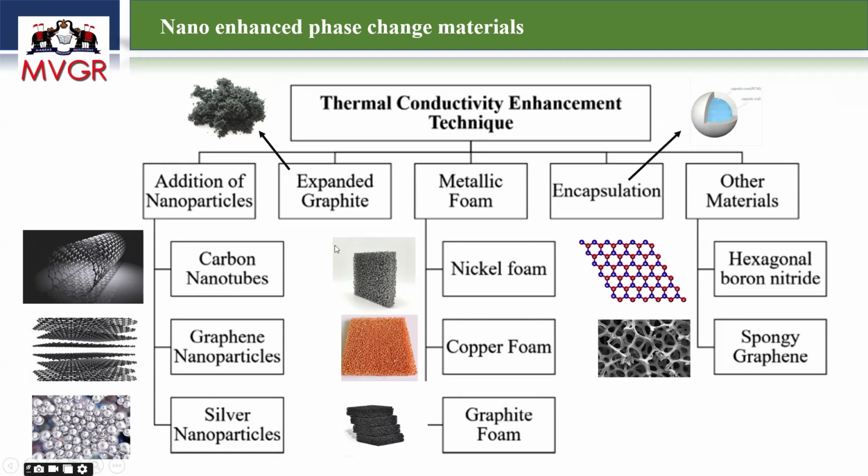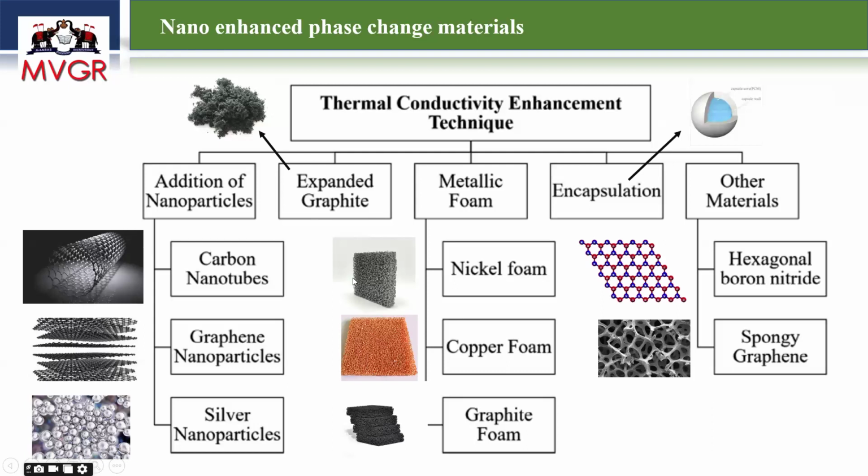This is also a kind of porous structured material. So if you put these materials into the phase change material, what will happen? If you are heating, it will be converted into liquid state. But even though it is converted to liquid state, these liquid materials are stuck in the pores and do not leak out. That's why these porous structured materials are very famous.